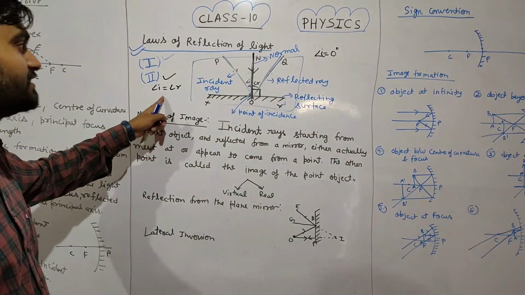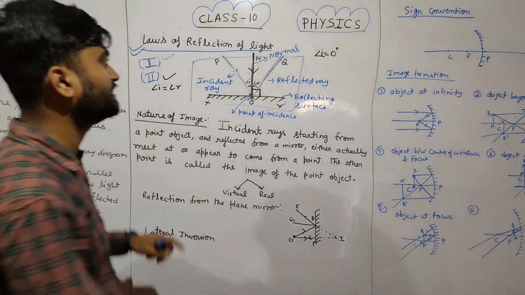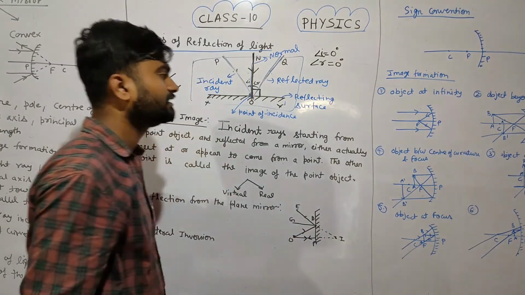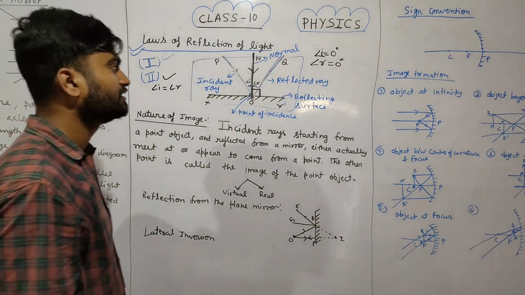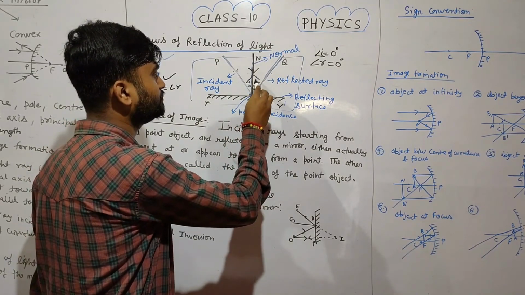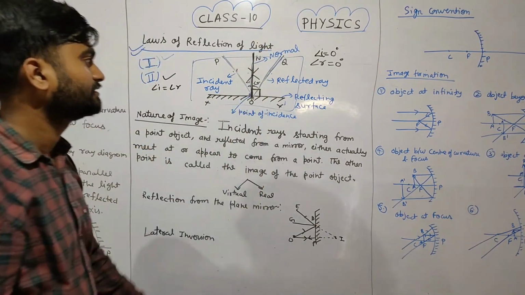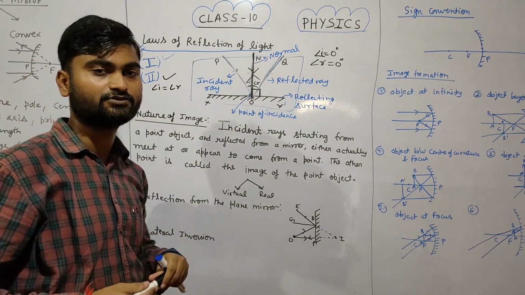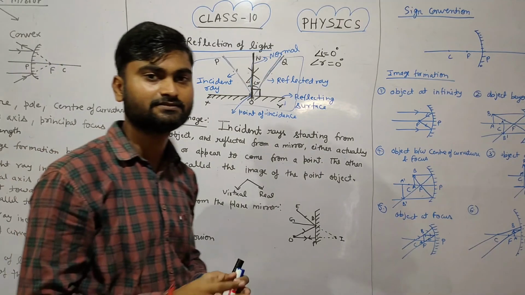From the second law, angle R equals angle I, so angle R is also 0. Then the reflected ray is also along ON, so it goes back into the same medium.